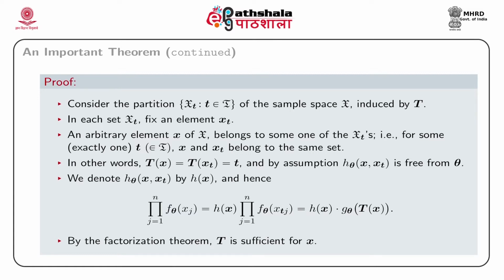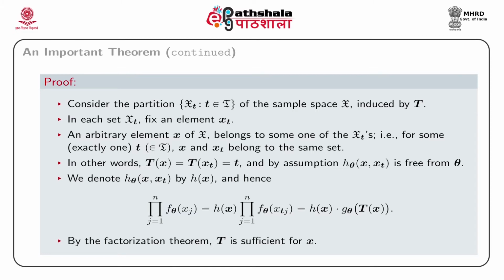Let us start with script X_t such that t belongs to script T, which is a partition of the sample space script X induced by the statistic capital T. In the subset script X_t, let us select and fix an element small x_t.